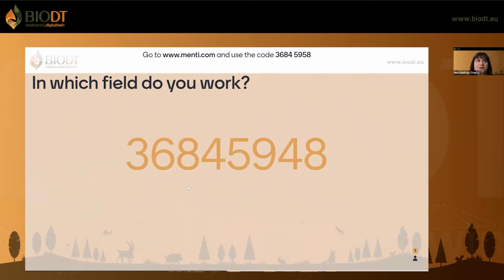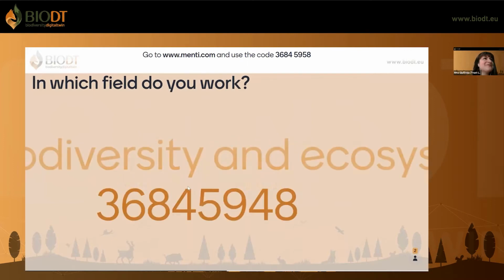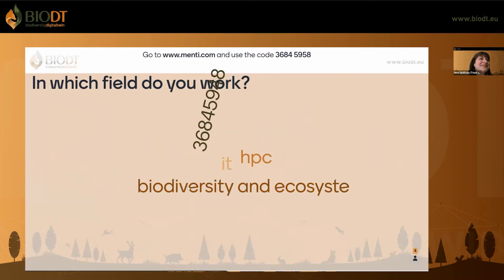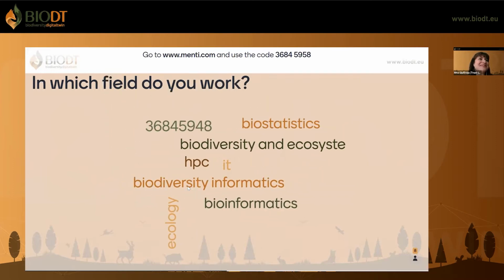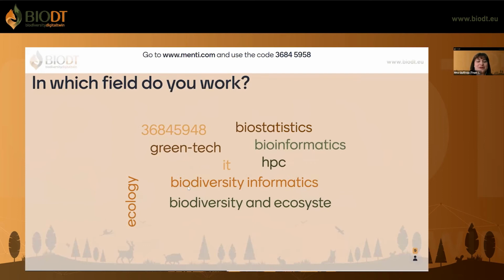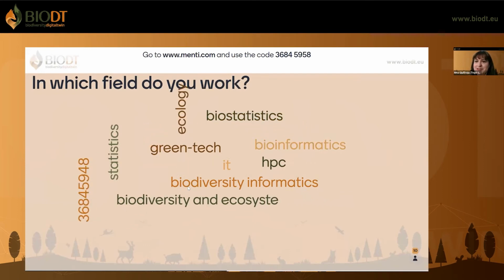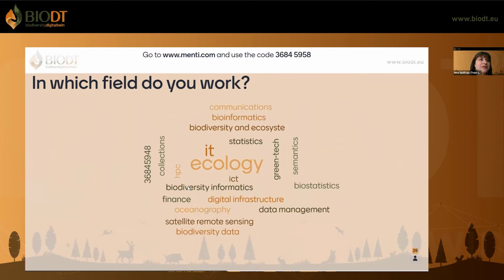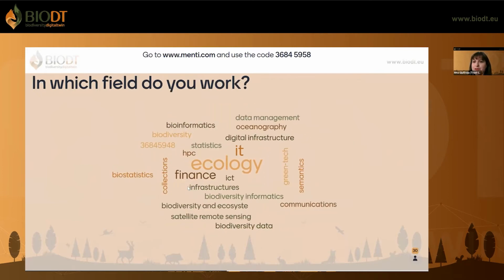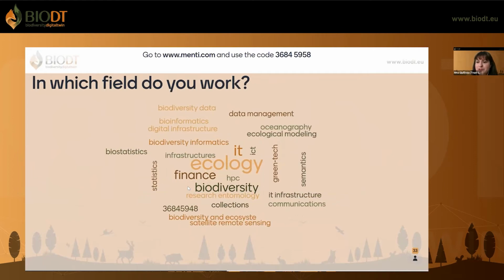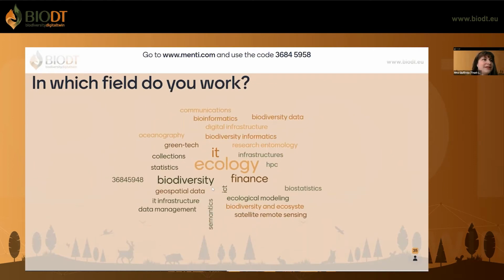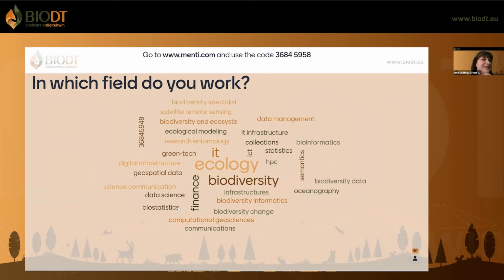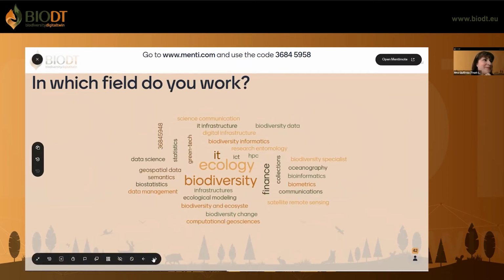We would like to know this so that we can learn a little more about each other and see if you have some connection to the topics or the use cases that we are going to present today, which seems so, because you also work in ecology, IT, and biodiversity, which is nice.